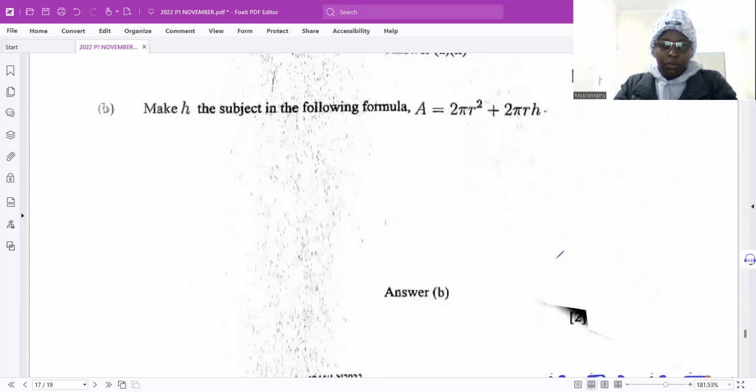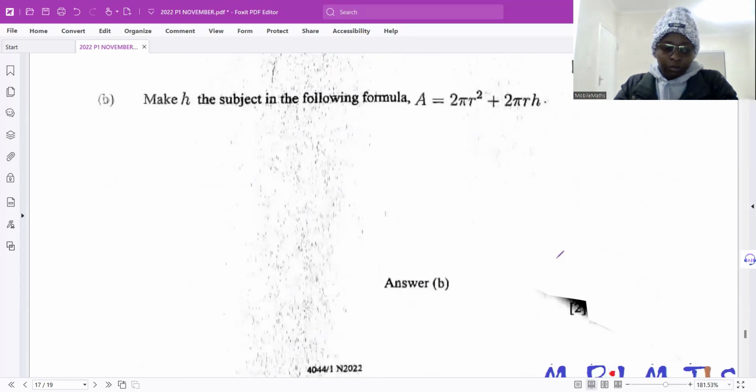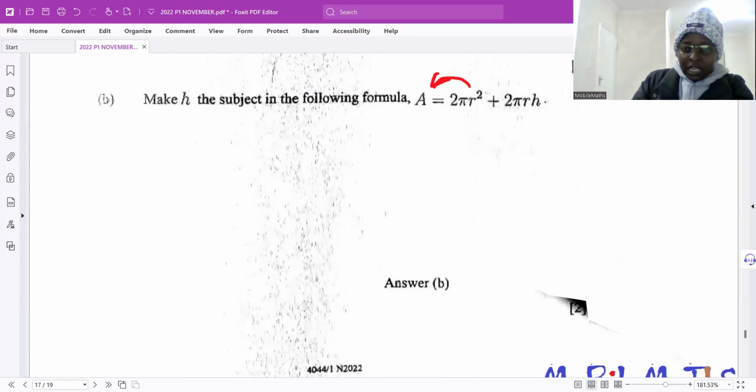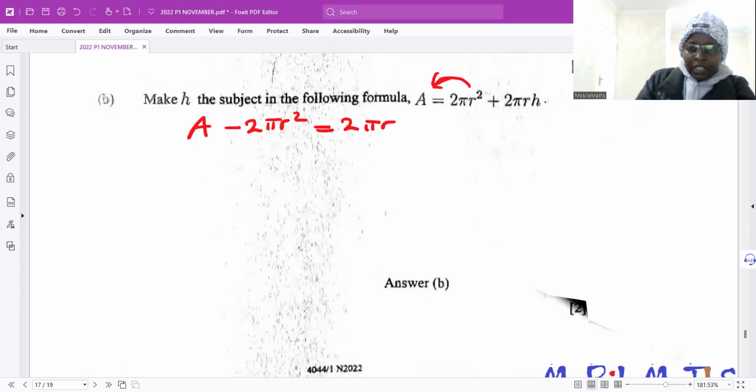Okay, let's move on. Part B of the equation, make h the subject of the formula. First of all, I can take the term without h to this side, and it becomes a minus. So I have minus 2 pi r squared is now equal to 2 pi rh.